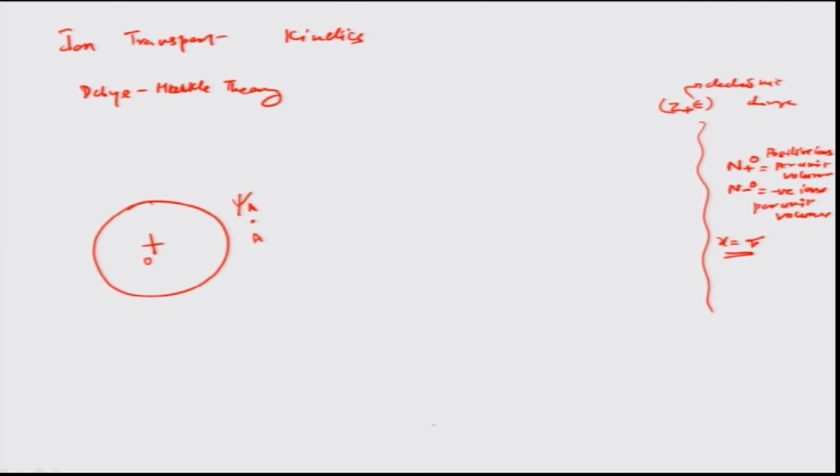So, if I want to move this pretty close to this point A here, where there exists a potential psi A, the total amount of work done for positive charges would be given by plus Z plus epsilon psi A, and that for the negative charges would be given by minus Z minus epsilon psi A, since the charge value is negative in this case.